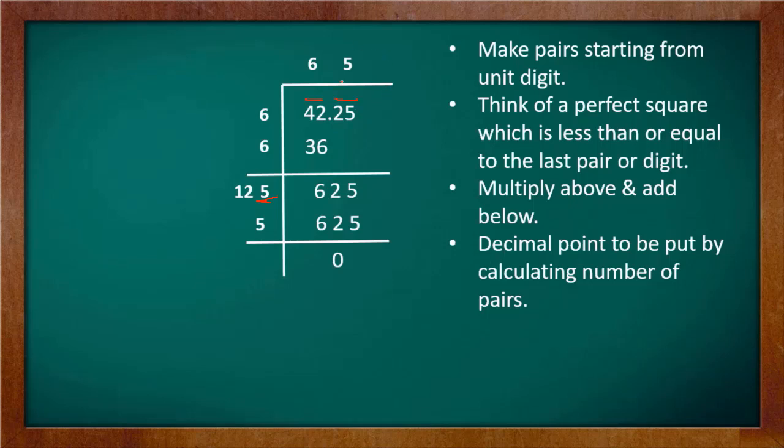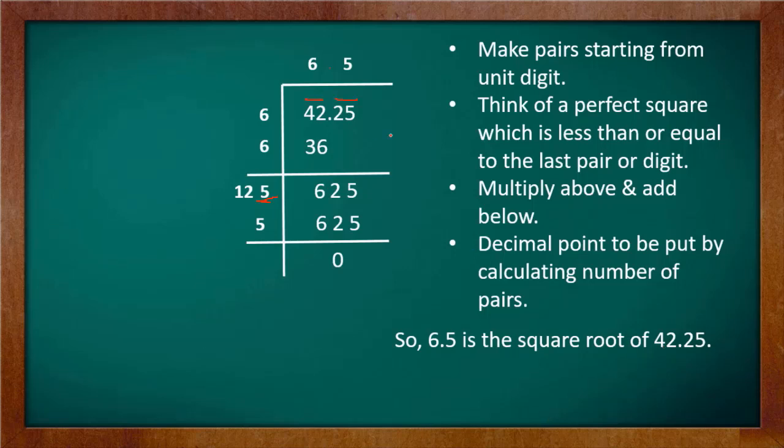Now you will count the number of pairs you have counted, that is, there is 1 pair. And you will start counting the digits from the right side. So 1 pair, 1 digit, and a decimal point will be before 1 digit, like this. So 6.5 is the square root of 42.25.